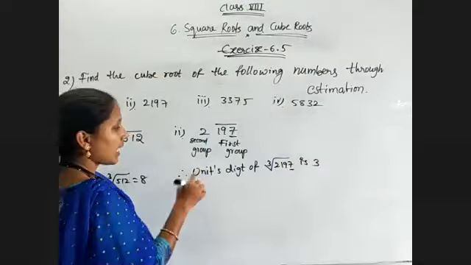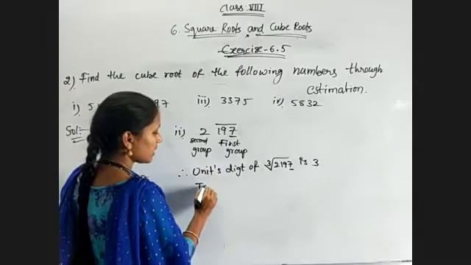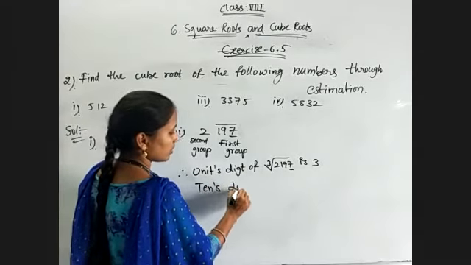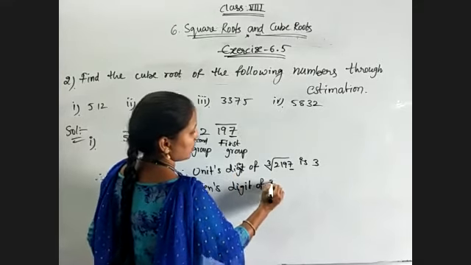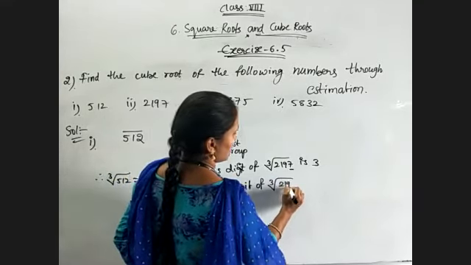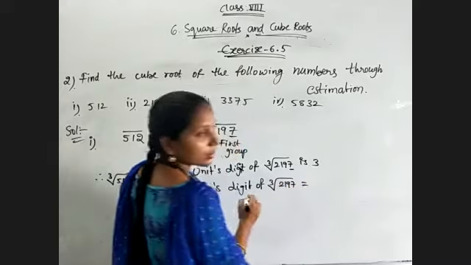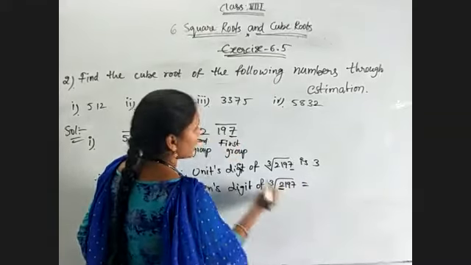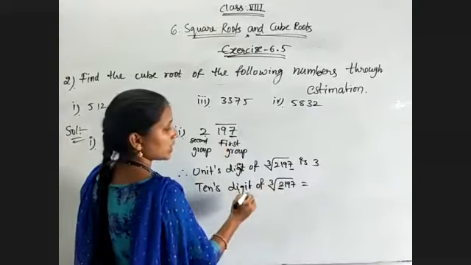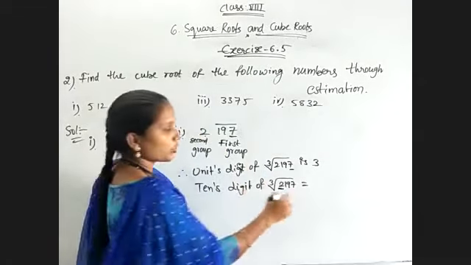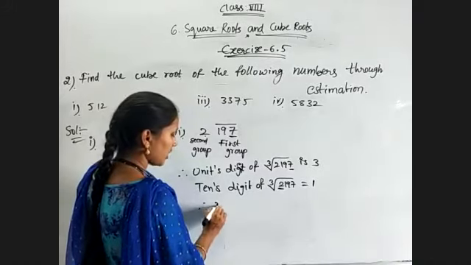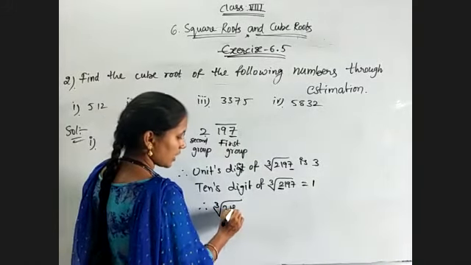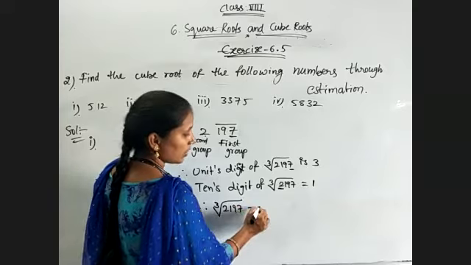And next, the tens digit: this second group is between 1 cube and 2 cube, so we have to take 1. Therefore finally the cube root of 2197 is equal to 13.